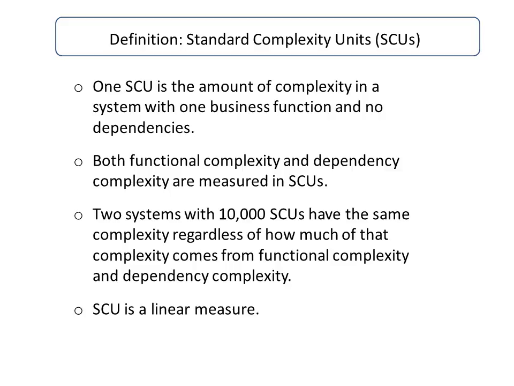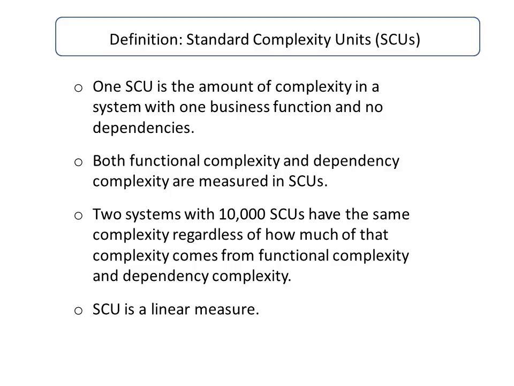Let's take a brief look at how we go about measuring complexity. Complexity is measured in SCUs, or standard complexity units. A single standard complexity unit is defined as the amount of complexity in a system with one business function and no dependencies.